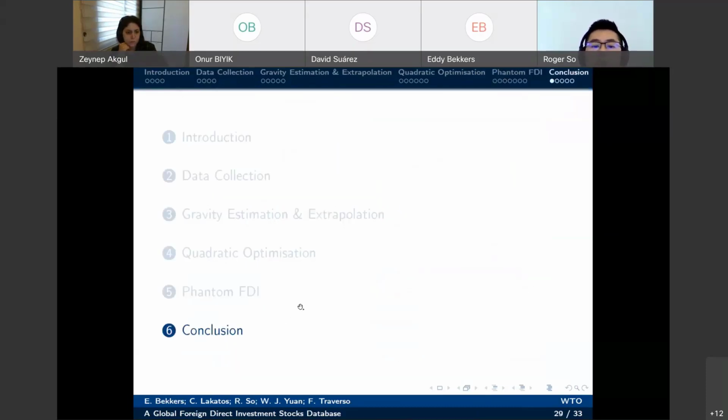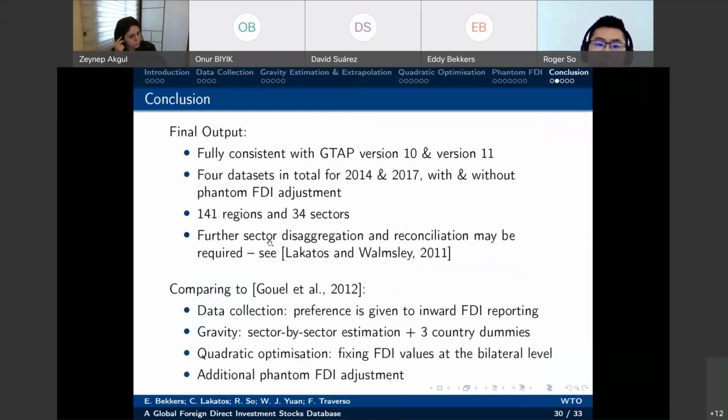Just to quickly conclude, in our final output, we have constructed 4 different data sets. This is because of the current limitations with this phantom FDI methodology. We're not 100% confident of this method. So what we've done is create 2 data sets for 2014 and 2 for 2017, with and without the phantom FDI adjustments.